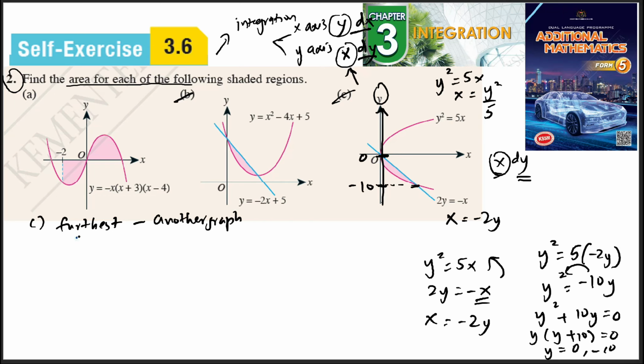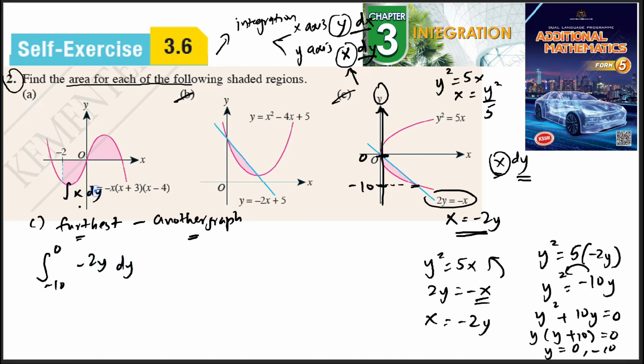So we know the furthest minus another graph. The furthest is this one, the below one, where we know the x already, right? So the graph is from negative 10 to 0, and this one would be negative 2y dy. Just write it, it's supposed to be x dy.